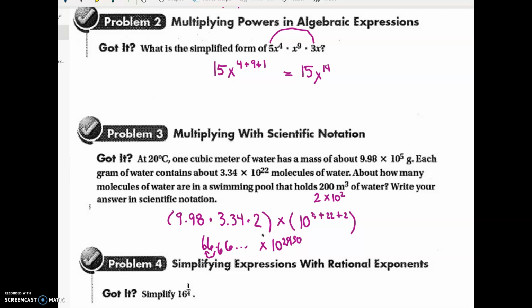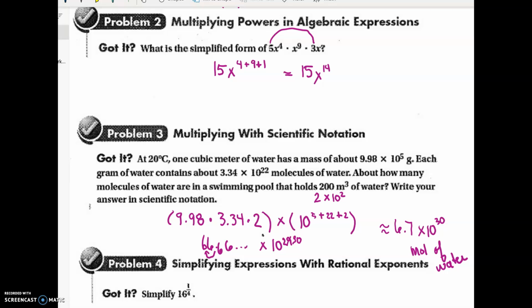So let's round it up and say approximately 6.7 times 10 to the 30th power of molecules of water, if you have 200 cubic meters of water. Not only is it scientific notation, but it's our science connection. A lot there, but we're using that same property where we're combining with the same base.